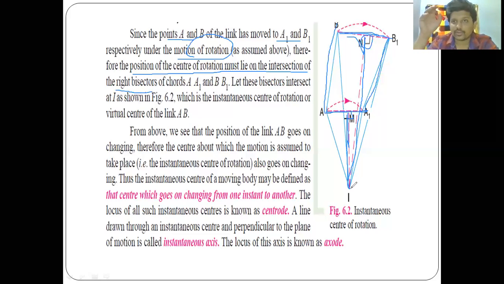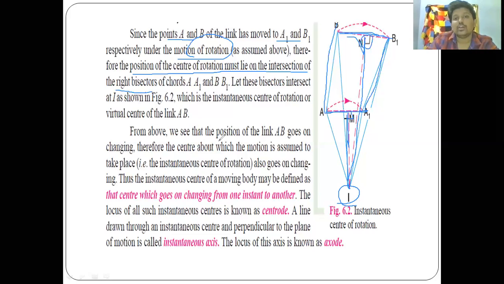For that, we have a chord from A to A1, B to B1, and we should divide these chords into two equal parts by a right bisector. Right bisectors means we divide the chord into two equal parts at right angles. Now these two right bisectors will intersect at a point I. This is defined as our instantaneous center, through which our center of rotation takes place.